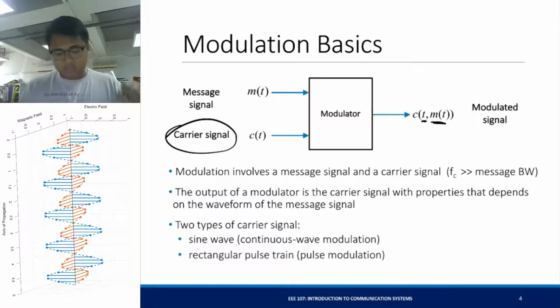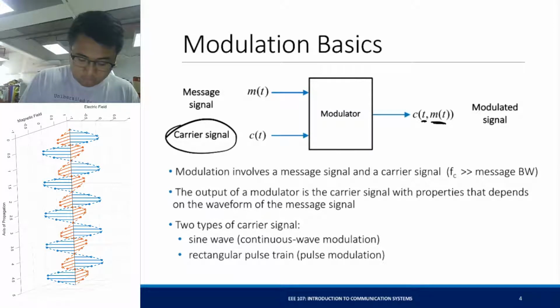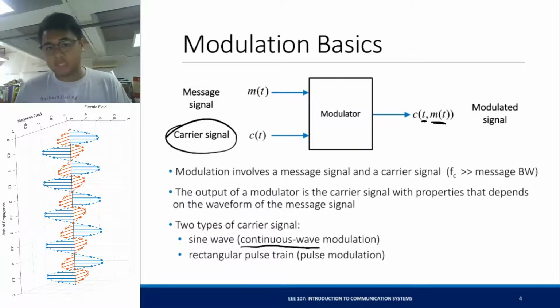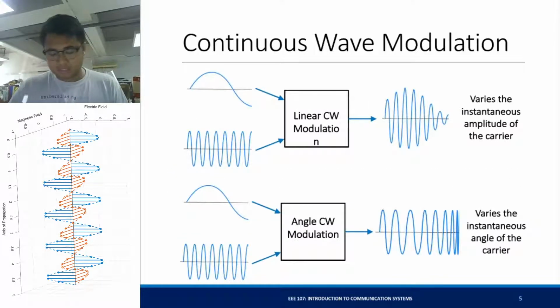Okay? So there are two types of carrier signals. We have the sine wave and the rectangular pulse train. The sine wave is a carrier signal used for continuous wave modulation, and the rectangular pulse train is used for pulse modulation. Okay. So these are the two types of continuous wave modulation, the linear and the angle. The angle, we will discuss at a later lecture.